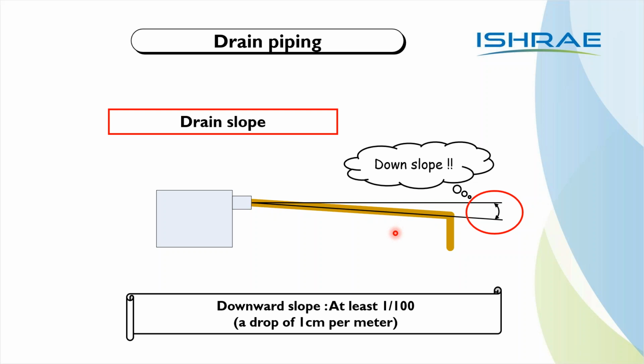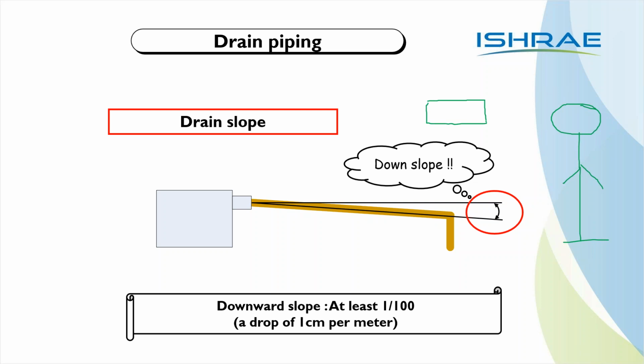Now generally, where does this problem happen? I will just draw one simple figure here. You are the person standing here. I am making a diagrammatic representation of a person standing here. Now you are installing an indoor unit here.